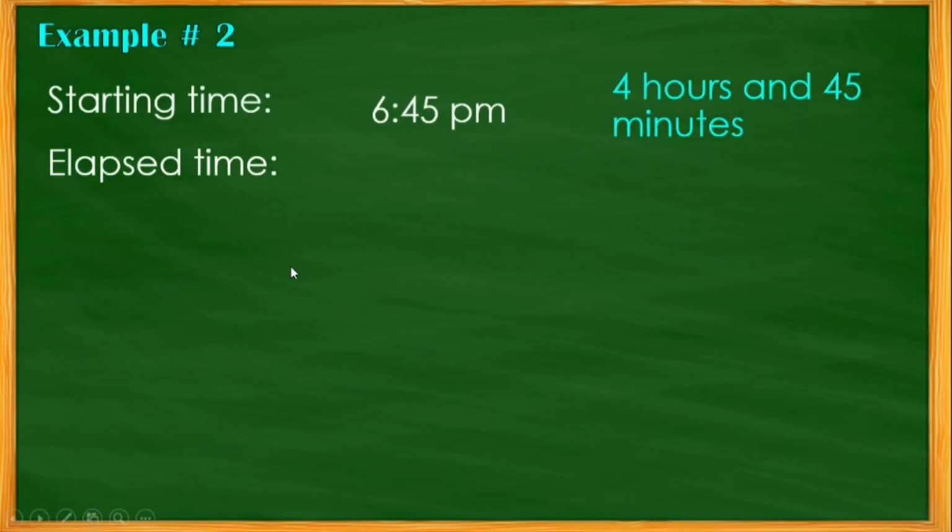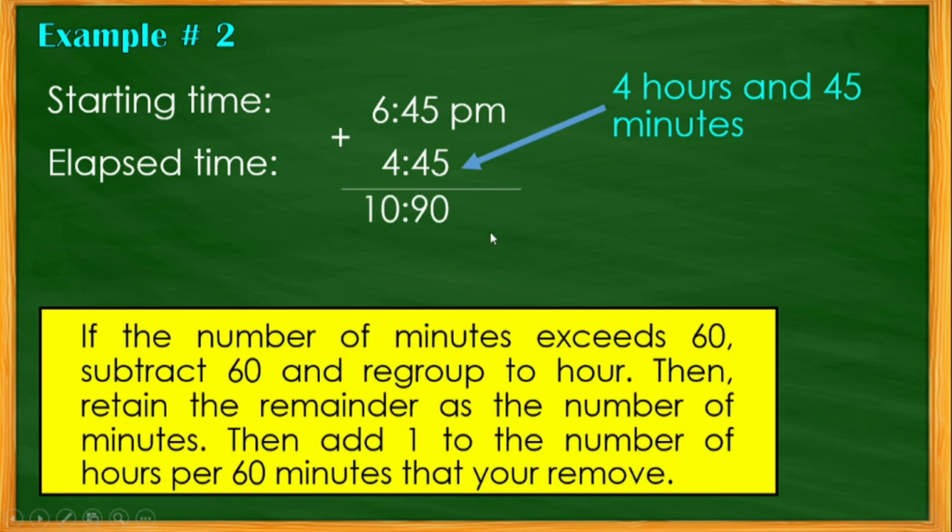Now, for example number 2, the starting time is 6:45 p.m. The elapsed time is 4 hours and 45 minutes. Let's add. If the number of minutes exceeds 60, you subtract 60 and regroup it to hours, then retain the remainder as the number of minutes and add 1 to the number of hours per 60 minutes.